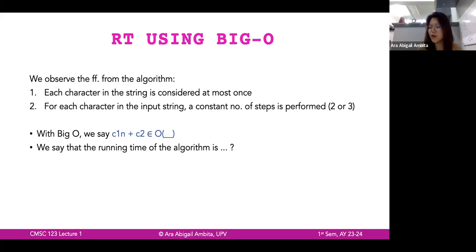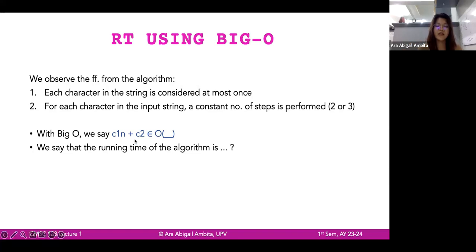Okay, so with big O also, we say that we have this function C1 times n plus C2, which is bounded by some O of blank function. So we have a constant value multiplied to n, which is the number of characters in the string, or how many time steps, plus C2.